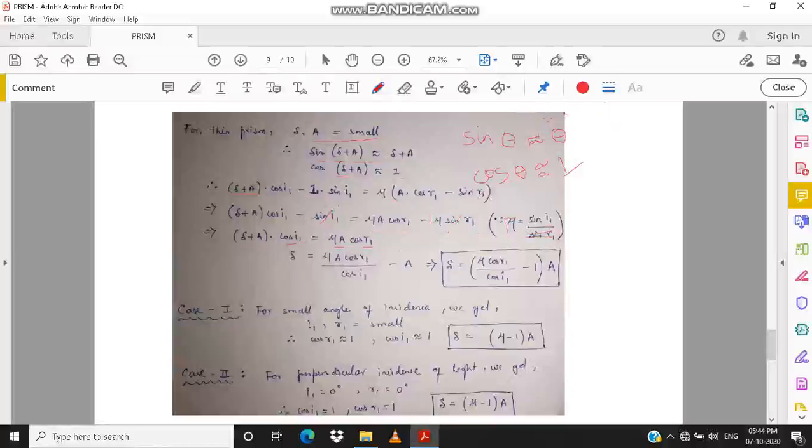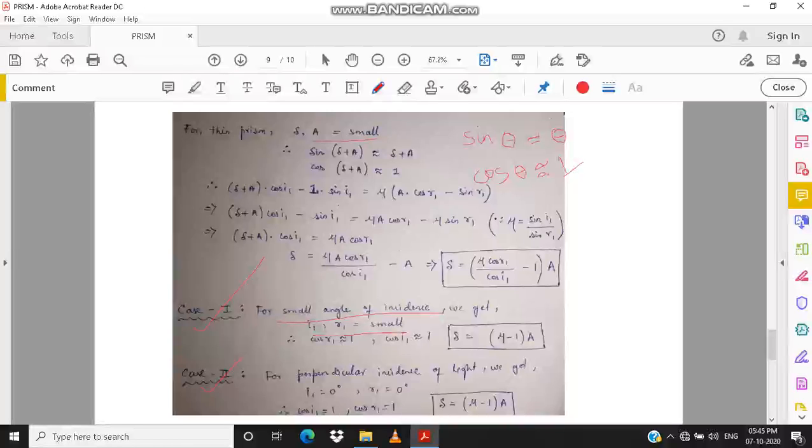Now see, there are two cases, case 1 and case 2. Case 1 is for small angle of incidence. Small angle of incidence means the angle formed with the normal when the light is incident is small. So if the angle of incidence is small, the angle of refraction will also be small. So I1 and R1 are taken to be small.